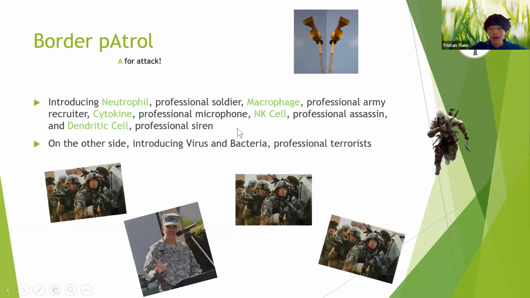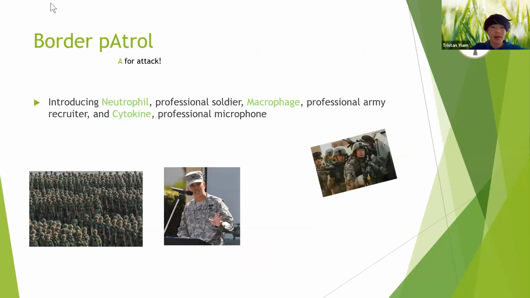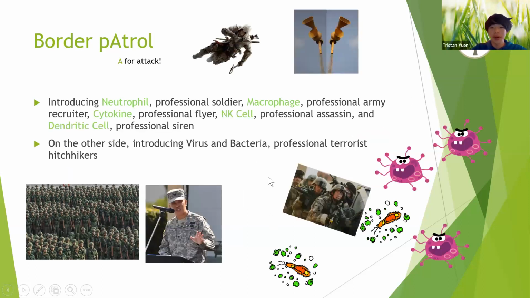So if your immune system, if your cells don't work, well, you just can't fight. And so people who have these kinds of disorders end up not being able to survive for very long. The bubble boy is an example of a person without an immune system. He had to stay in a bubble for pretty much his entire life because he couldn't have external antigens getting into his body, because otherwise he would have pretty much died immediately.